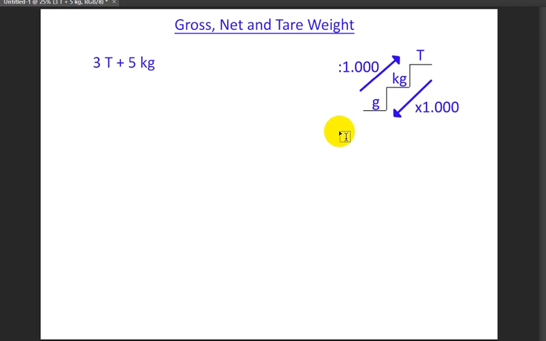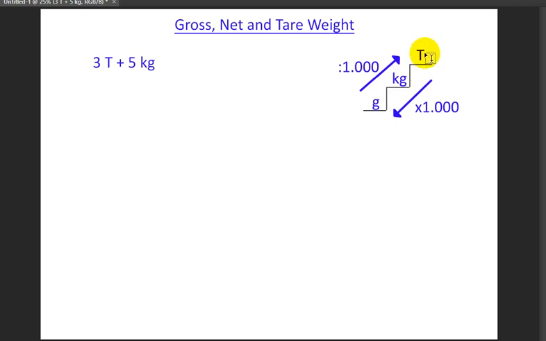So if I took a step down, I should multiply by 10. Here, when it comes to weights, each step down or up means we have to multiply or divide by 1,000. Why is that?